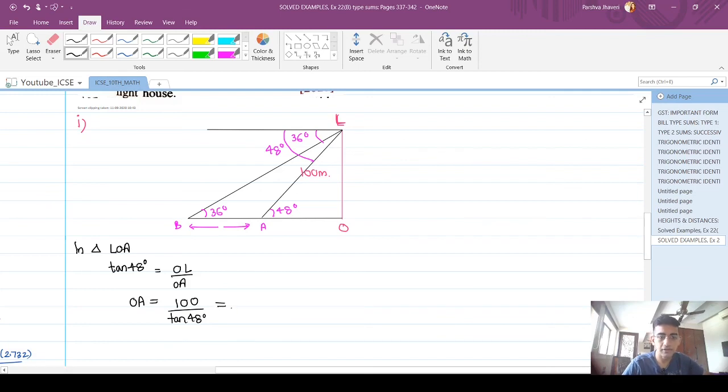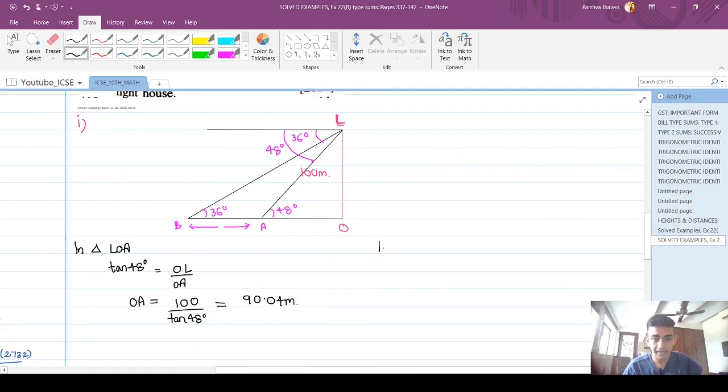You have to calculate the value of tan 48 from your logbook in case such a sum comes. In my case, I will just use the calculator. You will get this at around 90.04 meters.